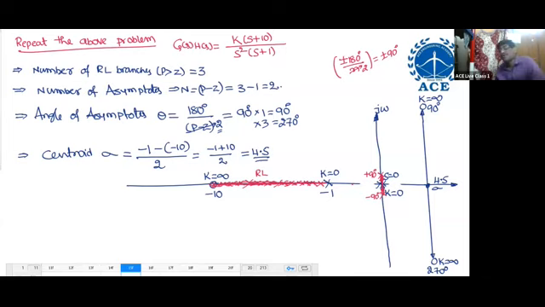Then where will it go? One pole moves towards a zero like this. One pole moves towards a zero like this. And then it enters into the asymptote and occupies the zeros. Poles always move towards the zeros. It moves near to the asymptote, parallel to the asymptote, enters into the asymptote and occupies the zeros.